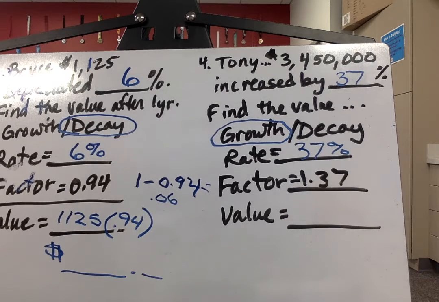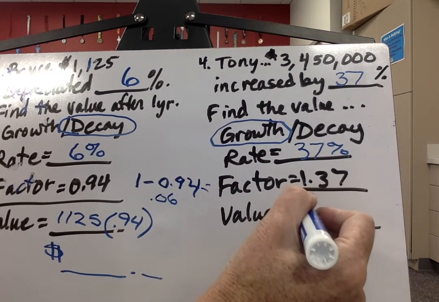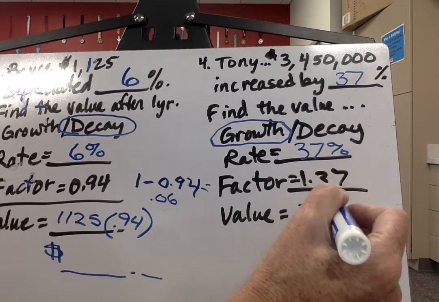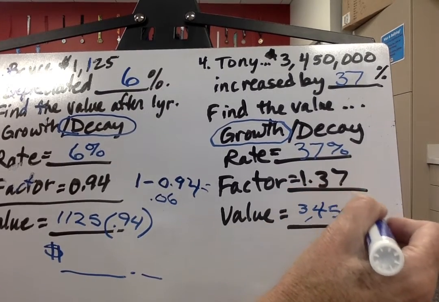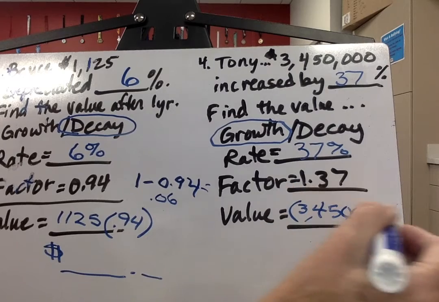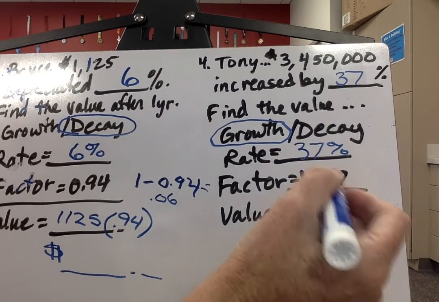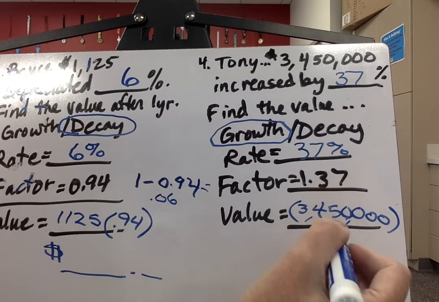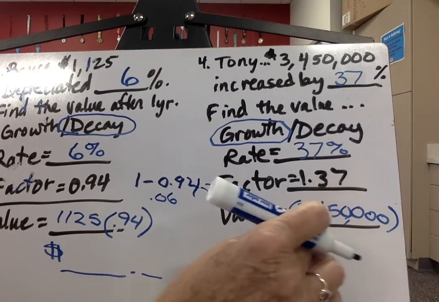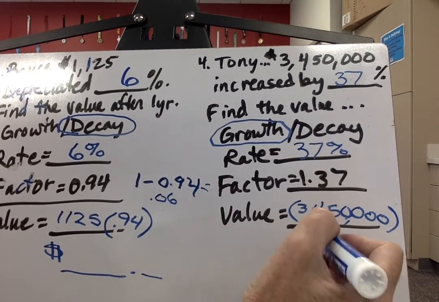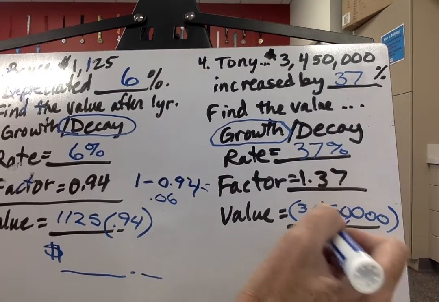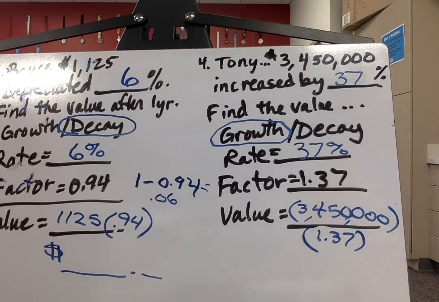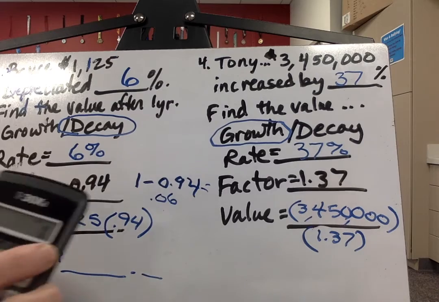So our value of the business is $3,450,000 times our, no, it's an increasing value, so we times it by the factor 1.37. And let's see if your calculator goes up that high.